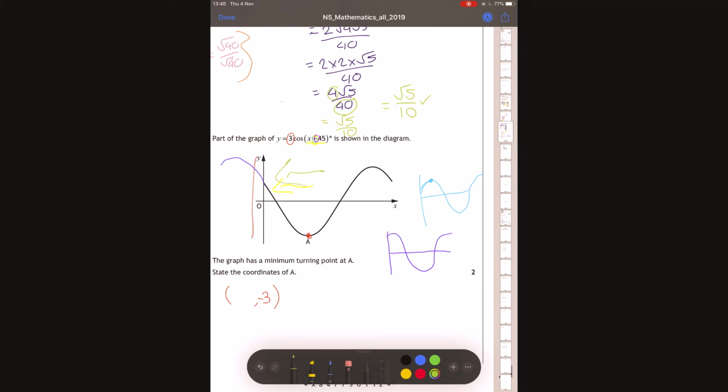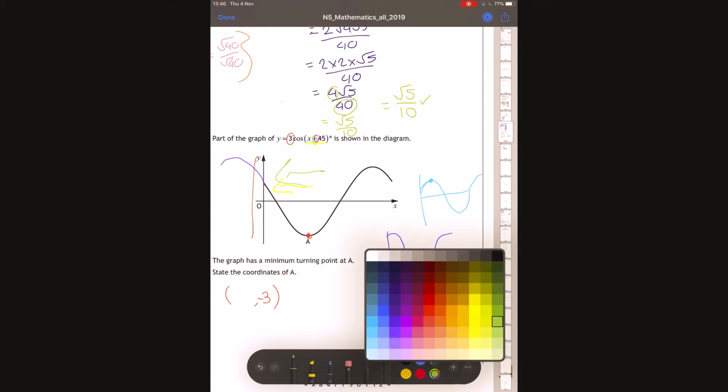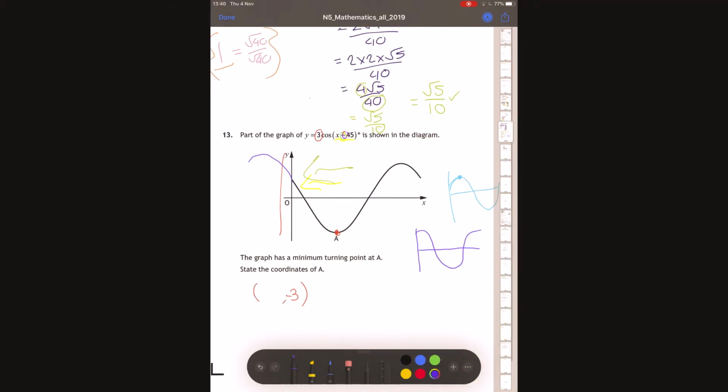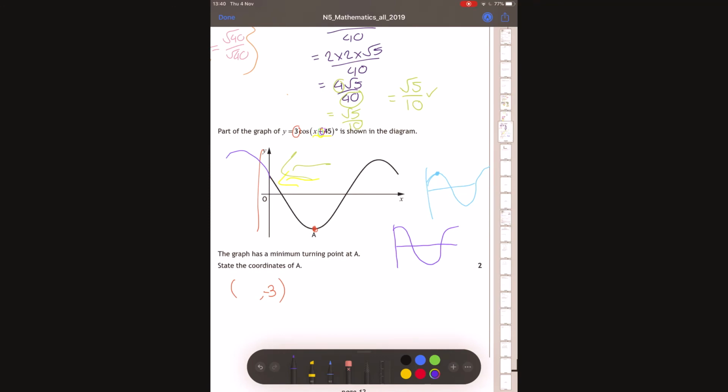So how is this actually relevant? If it's been shifted to the left, this minimum turning point on a normal cosine graph would have an x value of 180 degrees, because we know the period is 360 in this example. But it's not, because it's been shifted to the left.